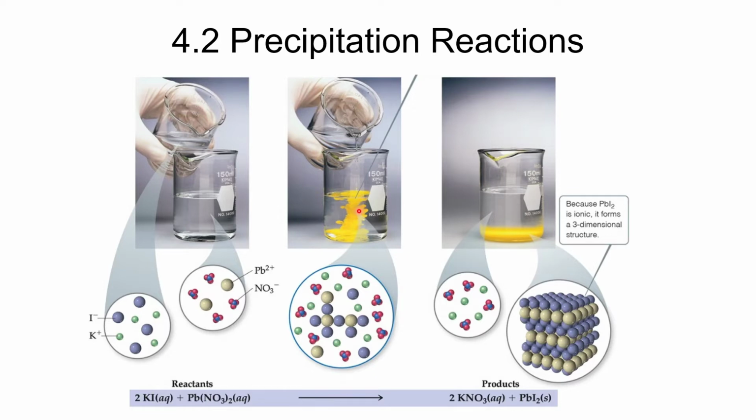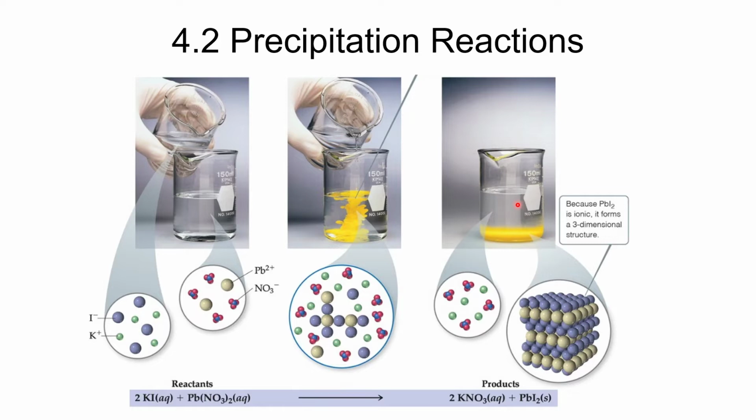Well, it's actually just fine particles, a very fine powder of lead(II) iodide. Once you let that reaction settle, you'll get a solid powder at the bottom of the flask. We'll find that the other ions, the nitrate and the potassium ions, stay in solution. So they're still floating around in solution. So this is a precipitation reaction.